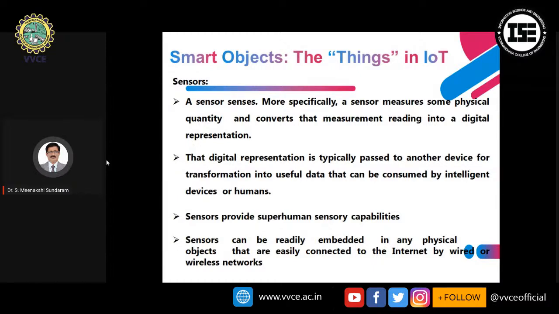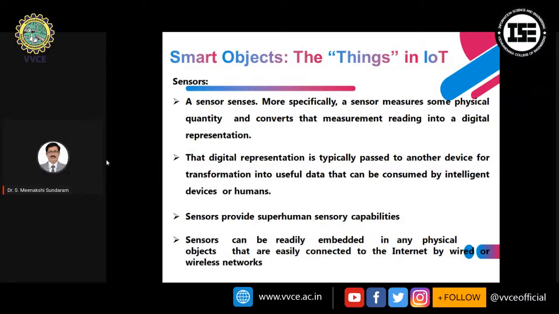The digital representation is typically passed to another device for transformation into useful data that can be consumed by intelligent devices or human beings. Actually, with only these measurements, there is no validity. If you want to put this data into use, we have to process the data and extract some useful information.